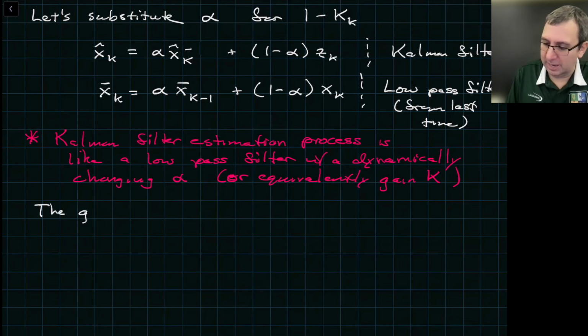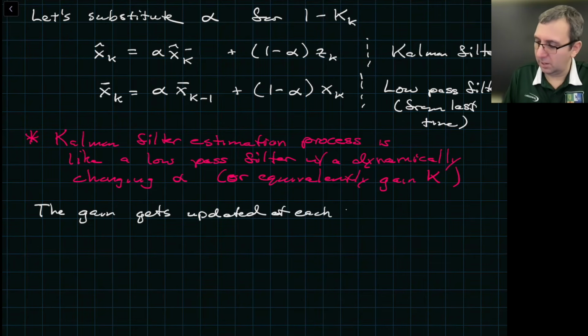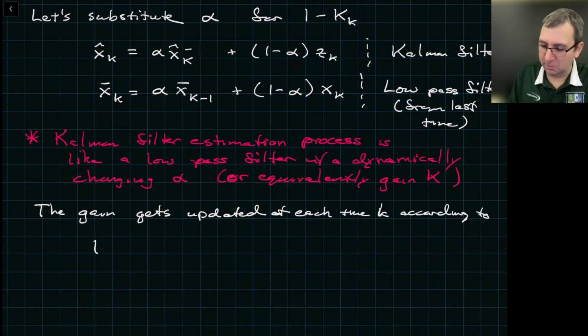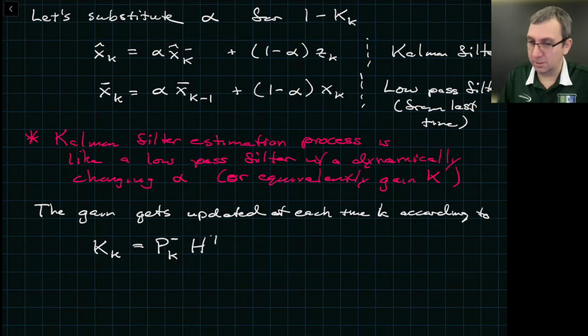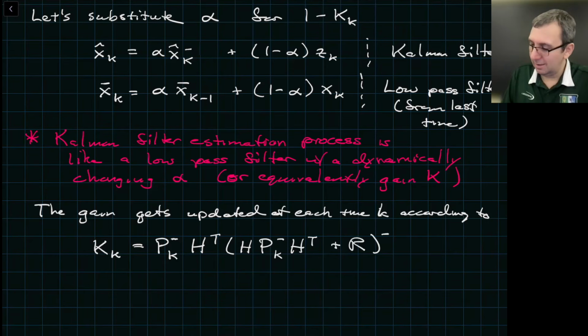So in fact, the gain gets updated at each time k, according to an expression that I'm not going to really say much about, but it involves this covariance thing, the predicted covariance, and then I think this is H transpose times H Pk inverse HT plus R. And that's the inverse of that whole thing in parentheses.